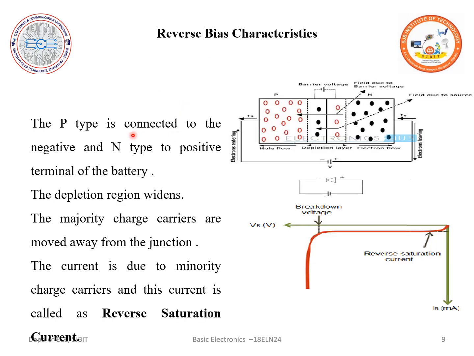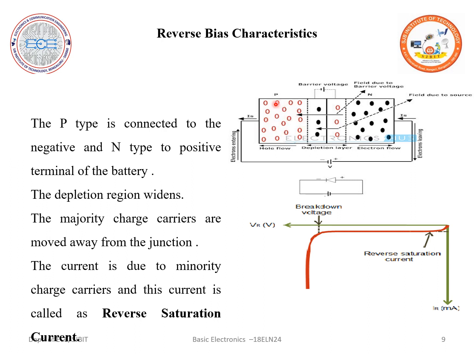When we go for the reverse bias characteristic, we can see the P region is connected to the negative terminal and the N region is connected to the positive terminal. We have the property saying that unlike charges attract each other.